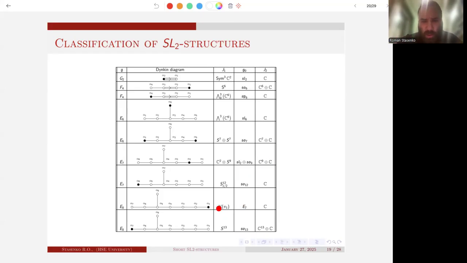So here you can see the notation: Y from P1 is the vector space of the irreducible representation of the first weight of the algebra E8, of the first weight.